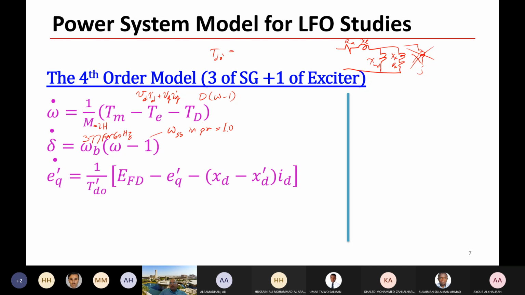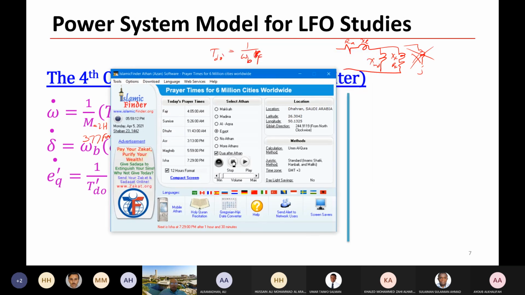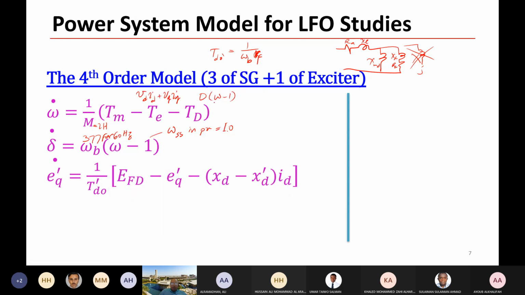This is the time constant of the field winding. The time constant here is 1 over omega B, 377, multiplied by RF, the field resistance, multiplied by the equivalent reactance in the field winding.